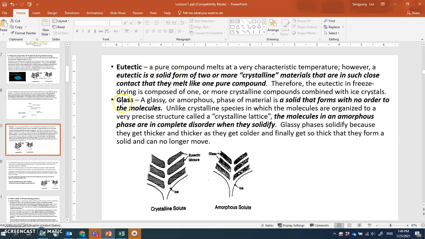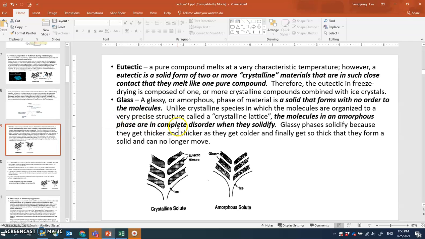In the glassy condition, glassy or amorphous phase material is also a solid form, but with no order to the molecules. A crystal is organized in a very precise structure called the crystalline lattice, so crystal is a better condition than, of course, the amorphous phase.